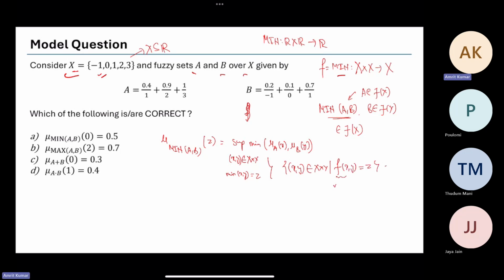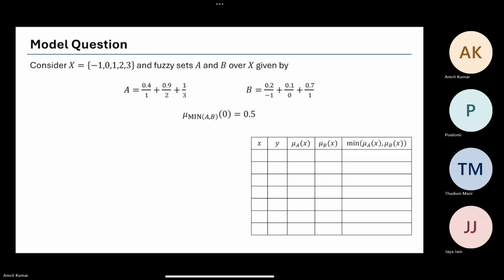F in this case is minimum. So minimum of x comma y equals z. Okay. So let us compute this expression when z is equal to 0, right? Because that's what the option is about. We need to figure out if the membership of 0 in minimum of A comma B is 0.5, right?